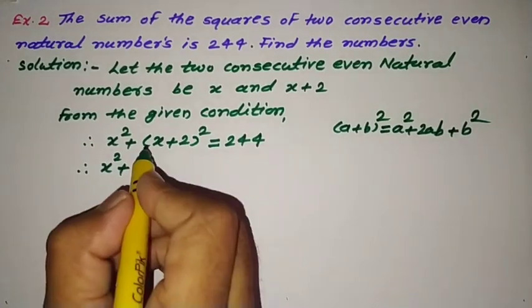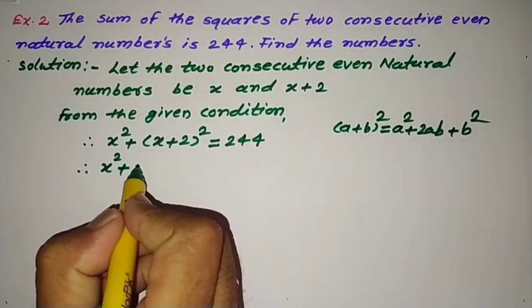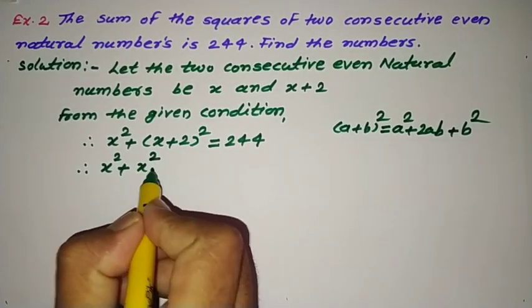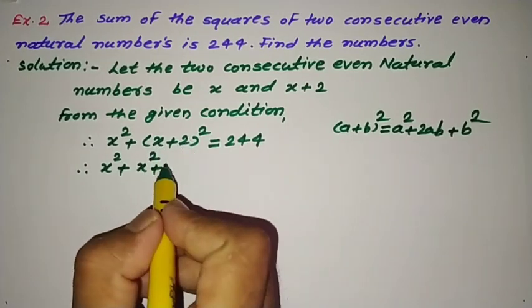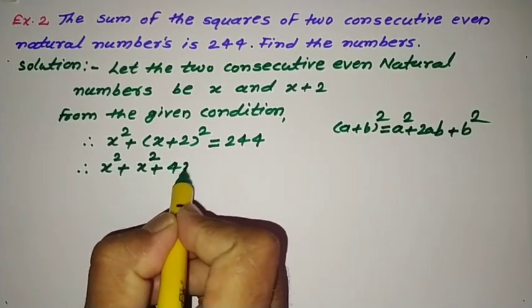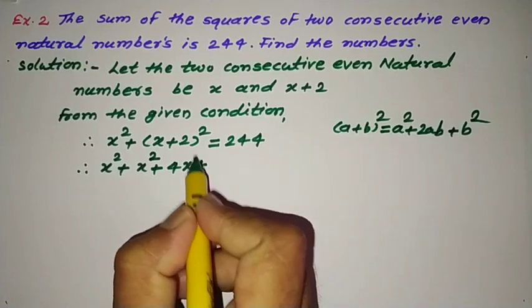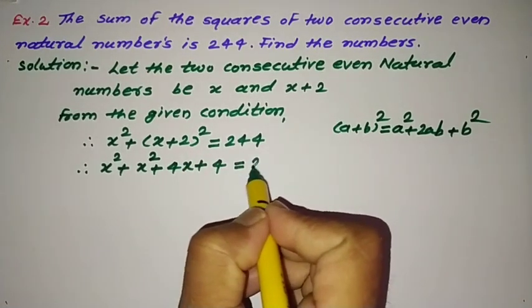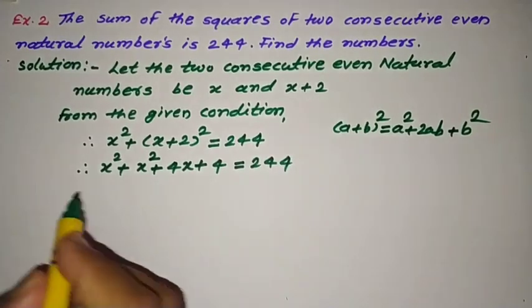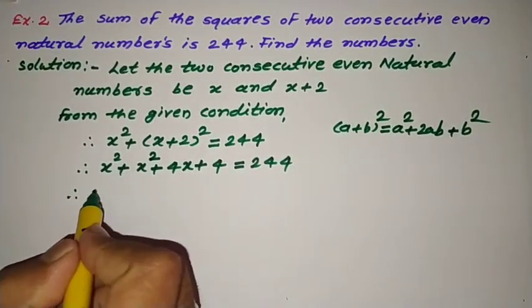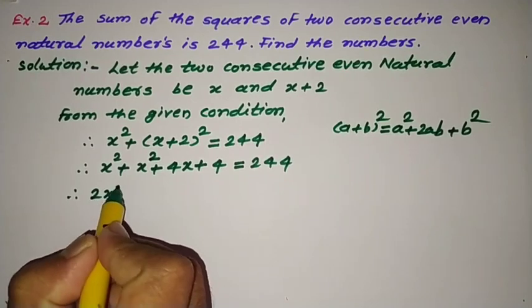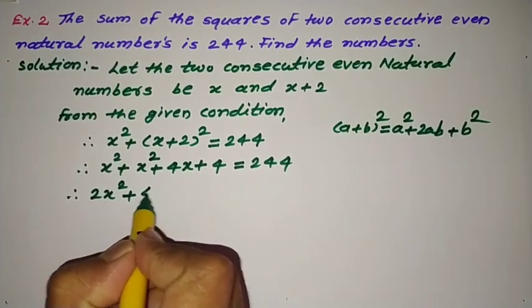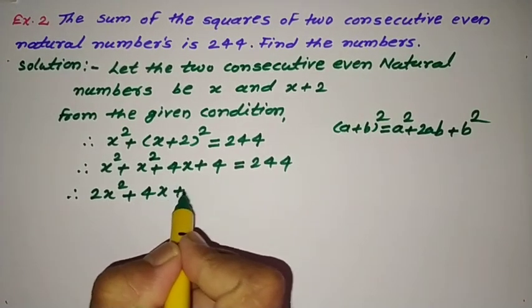Using this formula, first term square plus 2 into first term and second term, 2 twos are 4x, plus square of second term 4, is equal to 244. Therefore x square plus x square, 2x square plus 4x plus 4, equal to 244.